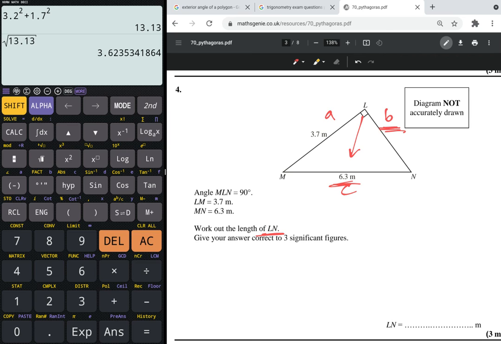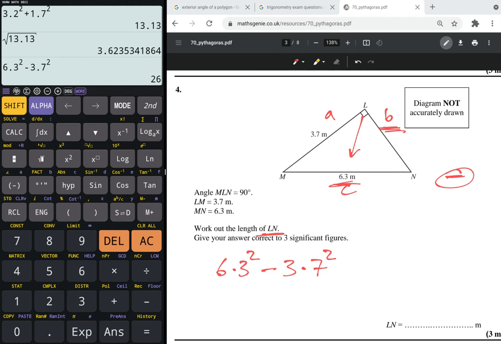So I'm going to subtract. Make sure you always do the long side squared, otherwise you're going to get a negative and you can't square root a negative, so you're going to get the question wrong. So start with the long side squared, take away the short side squared, 3.7 squared. So 6.3 squared, take away 3.7 squared, I get 26.